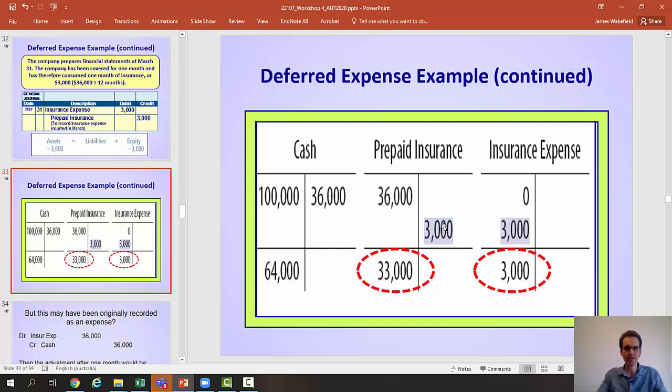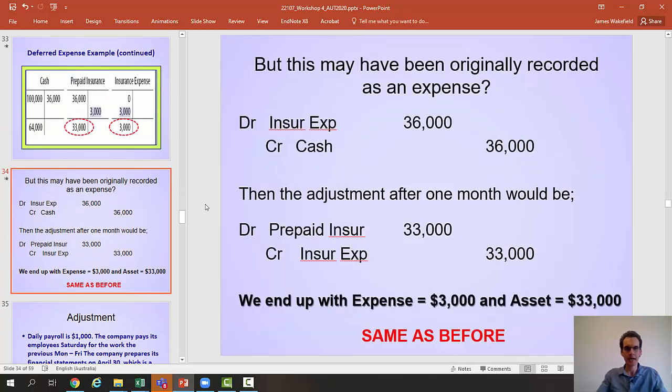We reduced it by $3,000. So therefore, at the end of the period, in the balance sheet, we'll be reporting prepaid insurance of $33,000. We also recognize that we used $3,000 of resources up. So we recognize an expense of $3,000 insurance, which we report in our income statement.